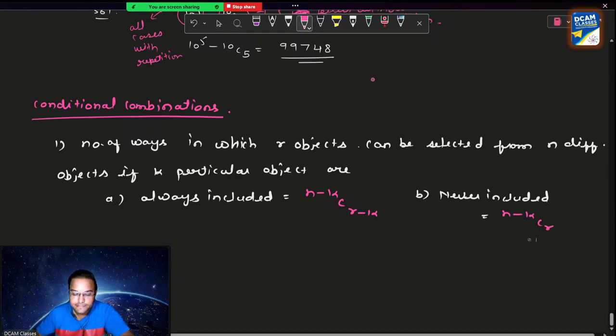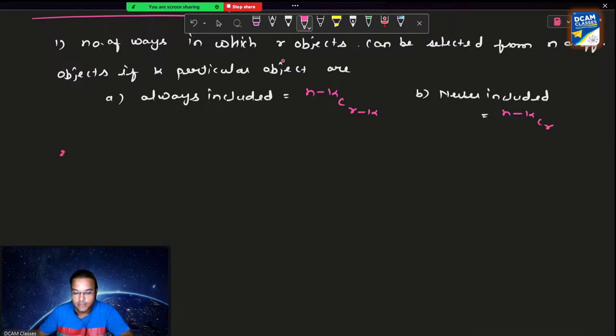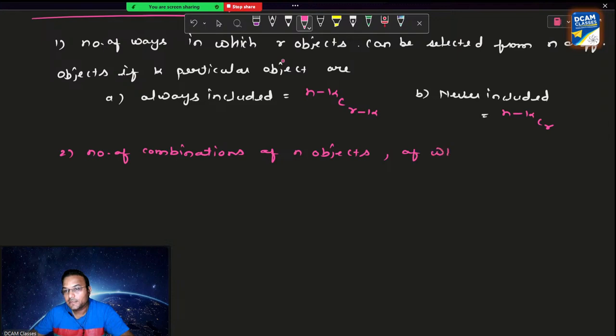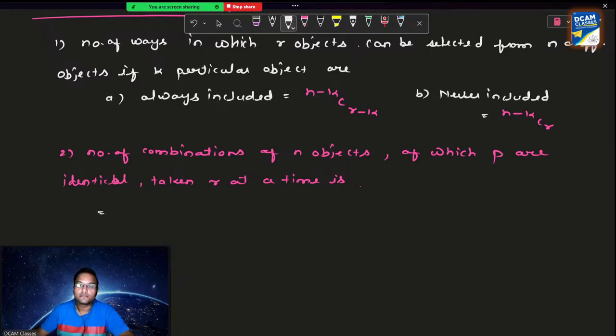It was easy. Now the second formula is the number of combinations of n objects of which p are identical, taken r at a time.